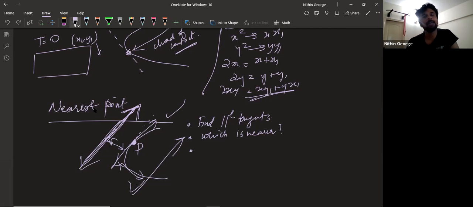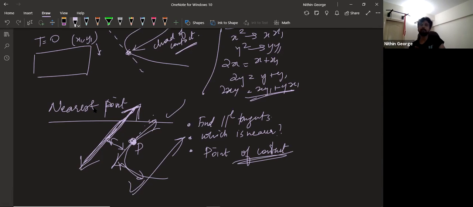Then you find the point of contact. You already know how to find the point of contact. This is how you find the nearest point on a hyperbola, parabola, ellipse or circle. Is this clear?